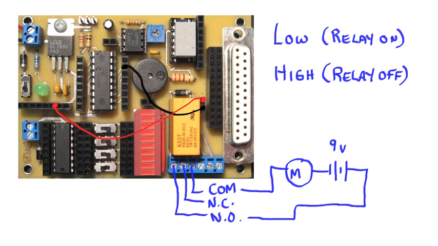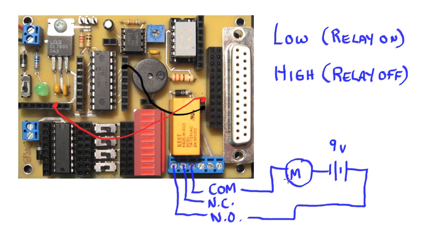So if we have this configured for sinking, remember that a low turns the relay on. In this configuration, then, when it is a low, the relay is on, that would cause the motor to go on. So a low is turning on our motor. A high would shut the relay off, return to its normal state. That would make the motor go off.